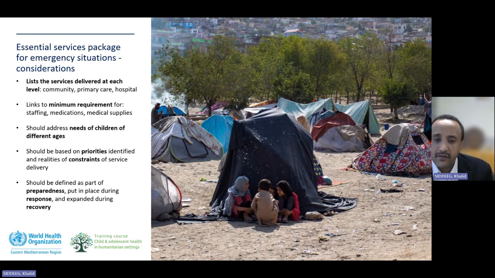So we need an essential service package that will be delivered in all levels of care: at community, at PHC, and at hospital level. And also, we need to address the needs of children at all ages. We don't need to focus only on newborns while neglecting under 5, or focusing on newborn and under 5, but neglecting 5 to 9 and adolescents.